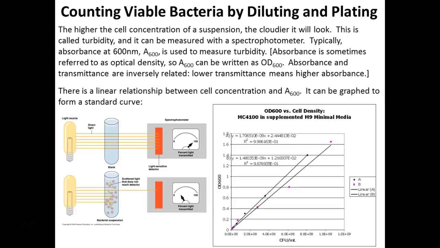If we did that for each one of our tubes, we could plot that versus the number of cells we get on each plate and generate a standard curve for the organism we use, so you could use the spectrophotometer versus the data you get on your plates. In the future, you could just read it on the spectrophotometer. The problem with that is, again, the spectrophotometer is not going to tell you whether they're alive or dead. So it's going to give you a guesstimation of what you may have there.